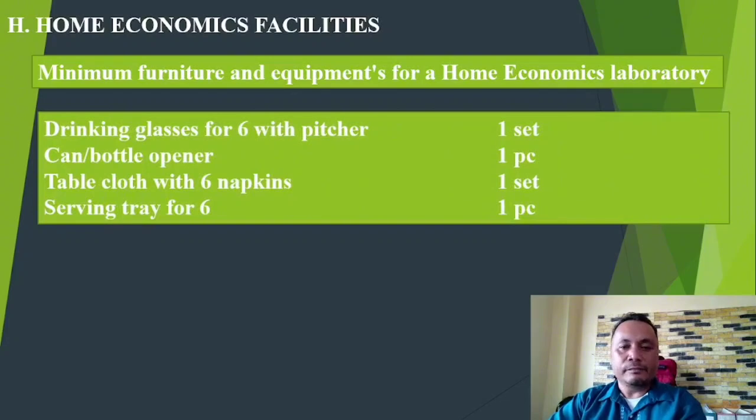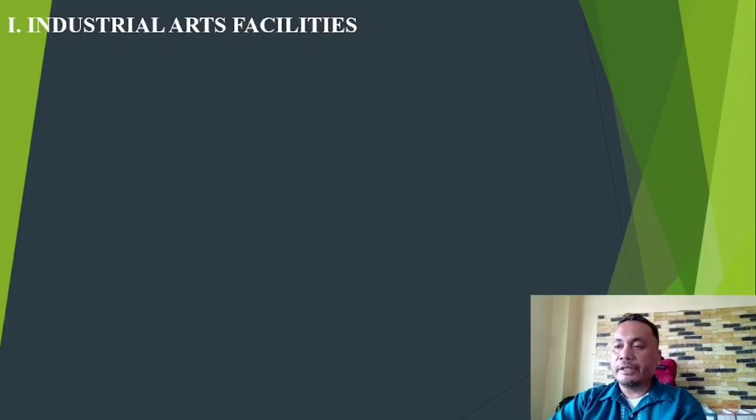And then we have the drinking glass for 6 with pitcher, can opener, tablecloth with 6 napkins, serving tray for 6. All right.